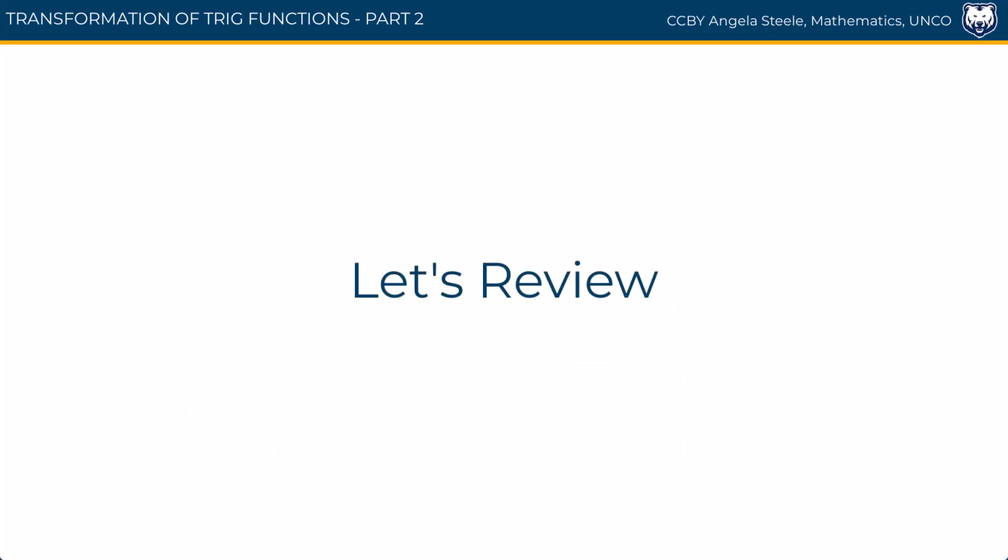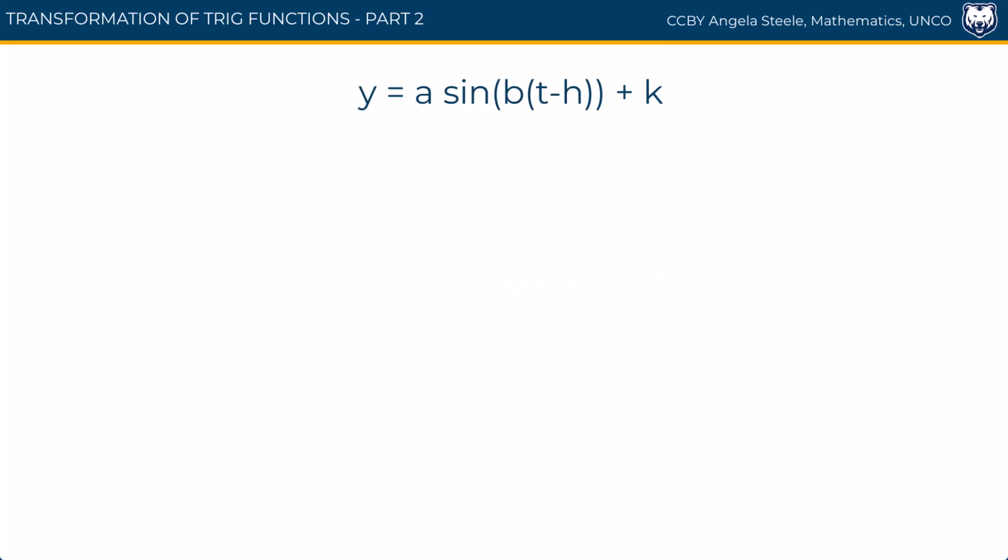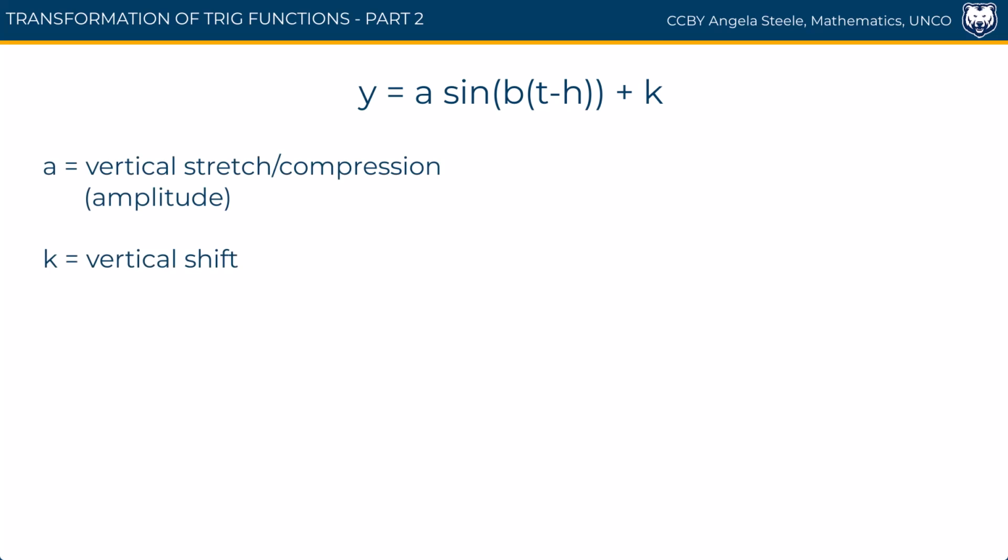All right, so big ideas from this section. We've got our generic function: a times f, which is just our generic name for the function, times b times (x minus h), plus k. The a gives us the vertical stretch or compression.